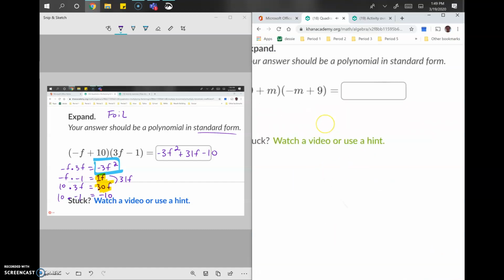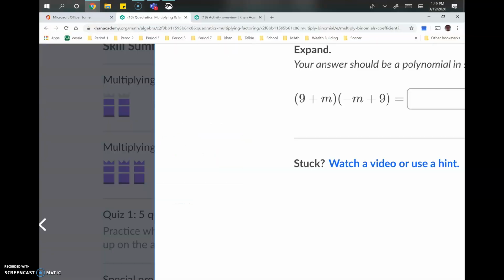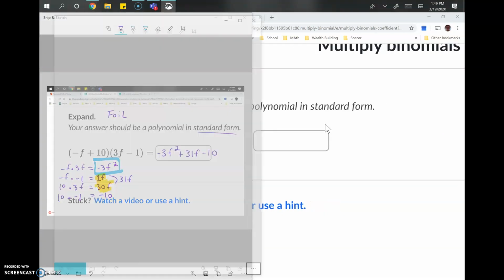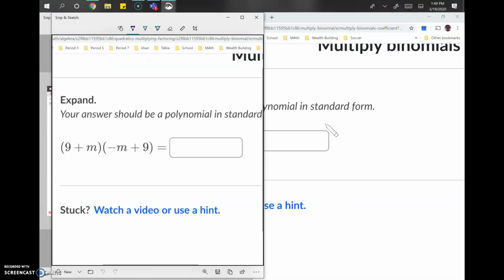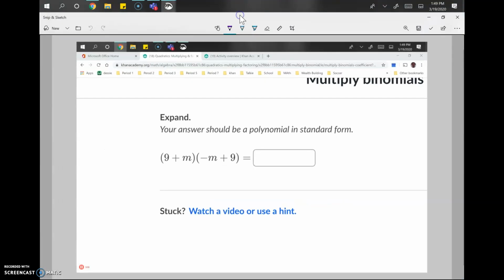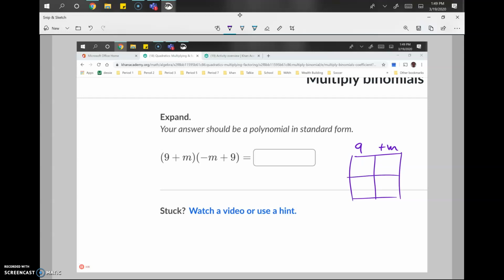Okay, this one, let's go full screen. I'll set this one up with the box. That way, if you want to use that method, you may. So we got the box method here. If I'm making a box, then I'm going to do 9 plus m. Doesn't really matter how you set up the box, as long as you've got your four boxes. And we've got negative m and positive 9.